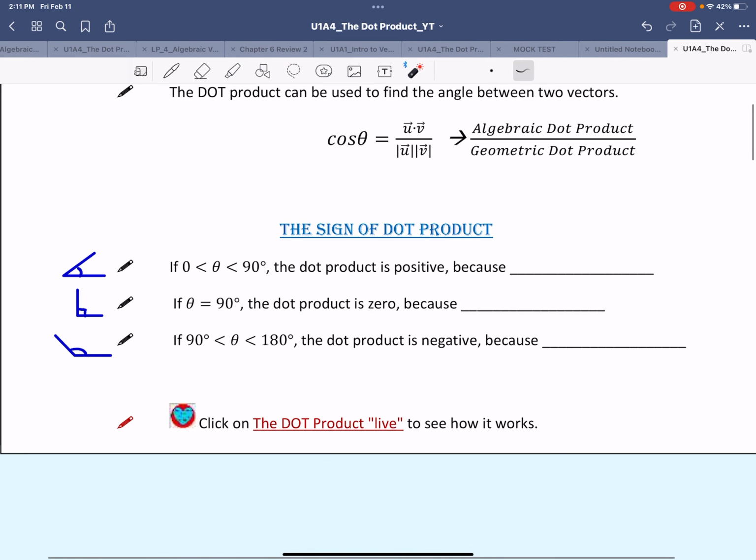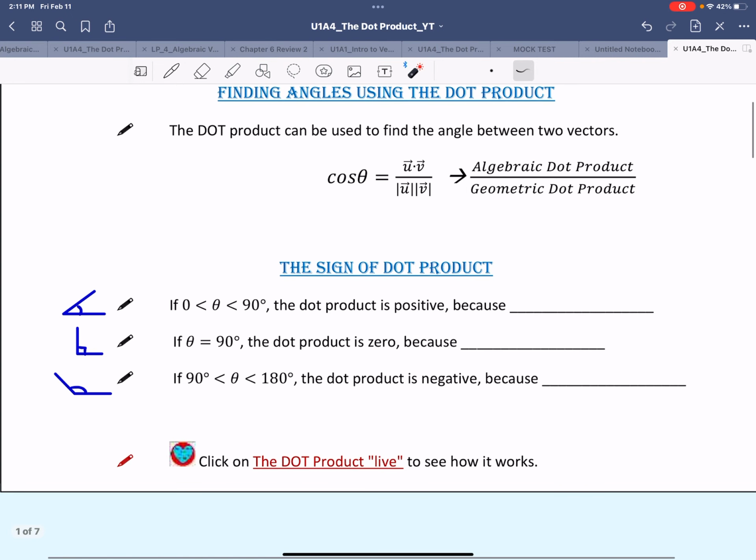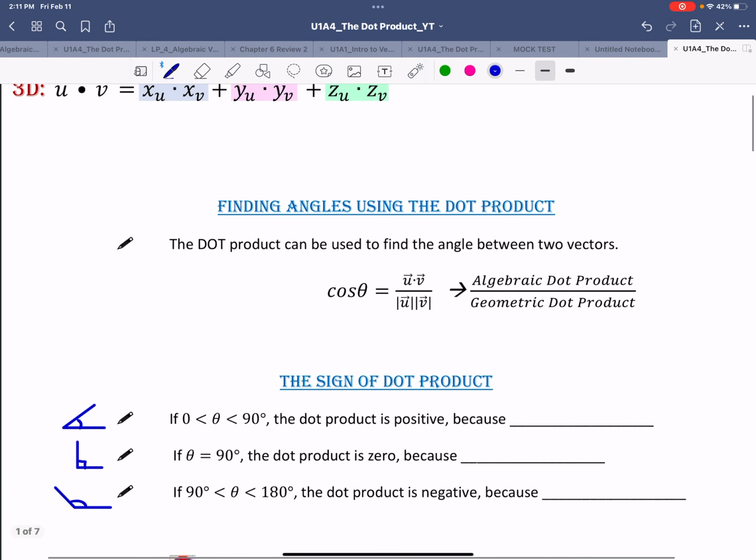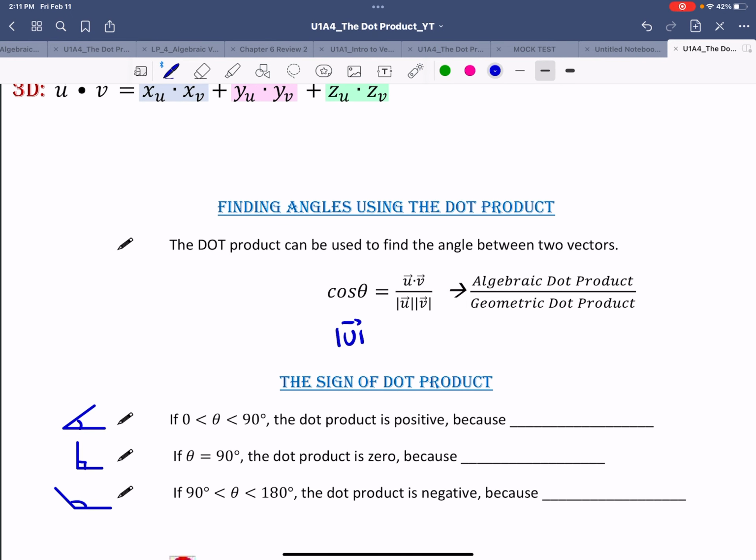Now, what are the possible values of the dot product? We said that it's a number, but could it be any number, or does it have to be a specific number? When we think about it, remember that the dot product is the magnitude of a vector multiplied by the magnitude of another vector and the cosine of the angle between them.